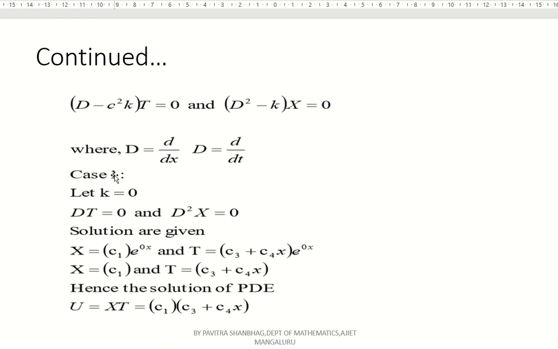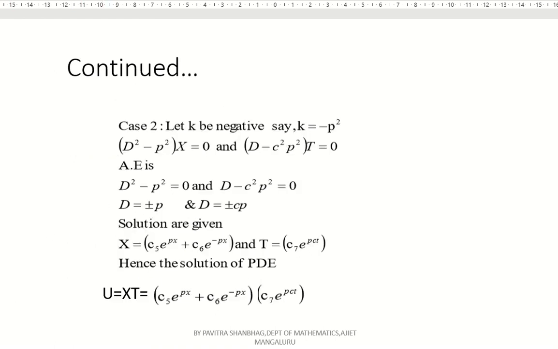Now suppose case 2, k = +p², just make the correction here, k be positive, that is k = +p². Then what you will get? (D² − p²) X = 0 and (D − c² p²) T = 0. So D² − p² = 0, that means D = ±p. Here D = c² p².